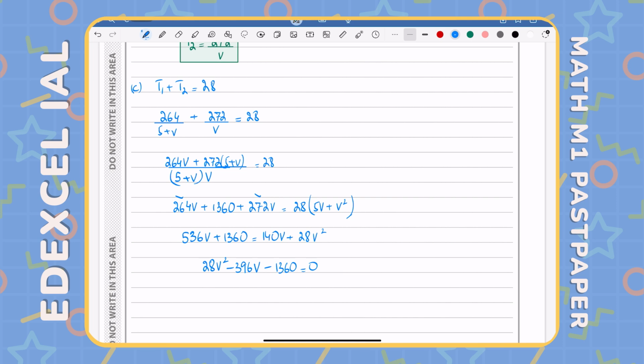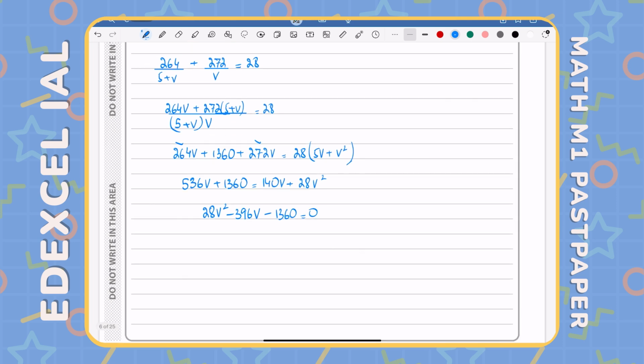Now we can clearly see that we can divide everything by 4. So let's divide the entire equation by 4, left hand side as well as right hand side. So we have 7v square minus 99v minus 340 equal to 0.